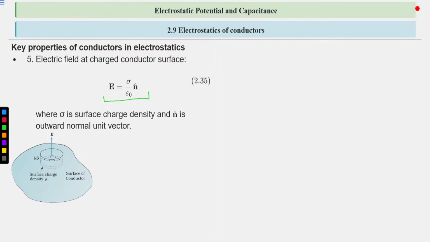But here the pillbox is partially inside, where there is no electric field, and outside there is electric field. So the field only exits this surface and does not enter anywhere, so there is some net flux through this surface. Delta S is the area of this small circular section of the pillbox surface. This is the electric field and this is the surface charge density sigma.